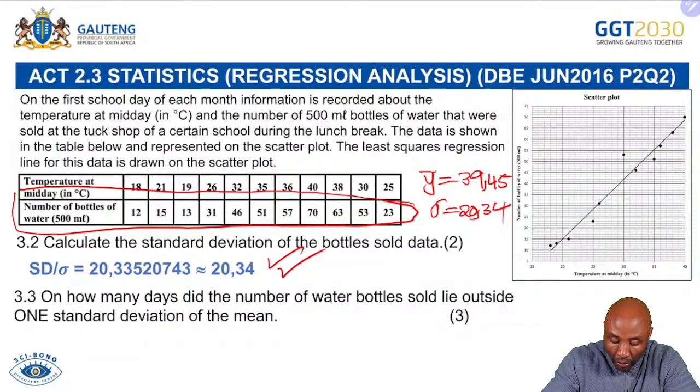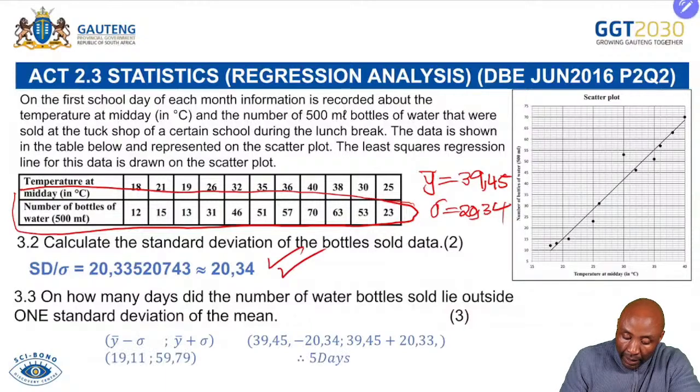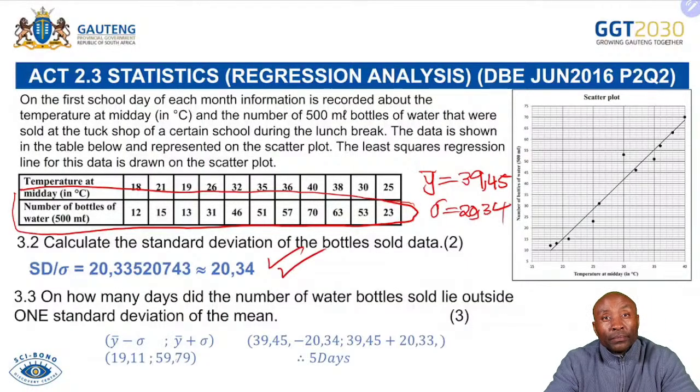So using our knowledge, we know that this means we have to find the interval where we have mean minus 1 standard deviation, and mean plus 1 standard deviation, and we should get our interval as 19,11 and 59,79.